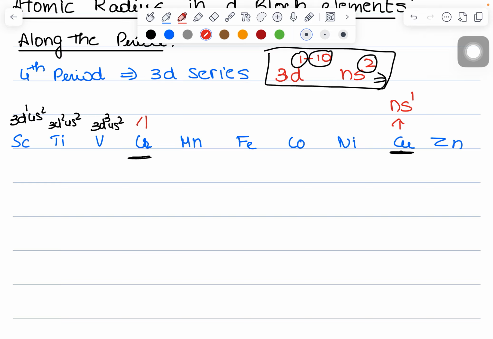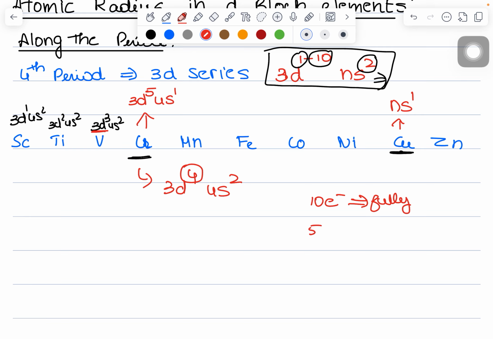Chromium has a special electronic configuration: 3d5, 4s1. Why is it 3d5, 4s1? Actually, it was supposed to be 3d4, 4s2, because after d3 one more electron will fill and it will be d4. But the d subshell can hold a maximum of 10 electrons, which is called fully filled, and half of that, 5 electrons, is called half filled.